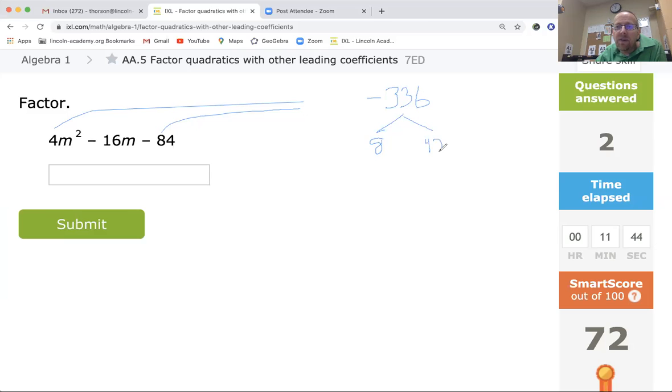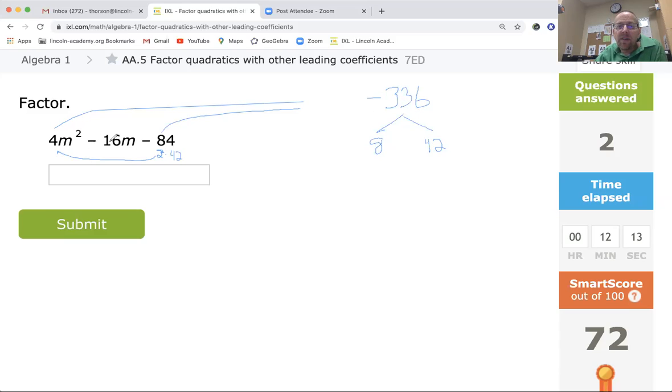Now, before I go further, I want to make sure you understand what I did. I divided this by 2, right? 2 times 42. Do you agree that 2 times 42 is 84? And what I did is I pulled that 2 and put it over here instead. So I still have all the same factors in the 336. And if you want to verify, you can always do 8 times 42 and make sure you get the 336.